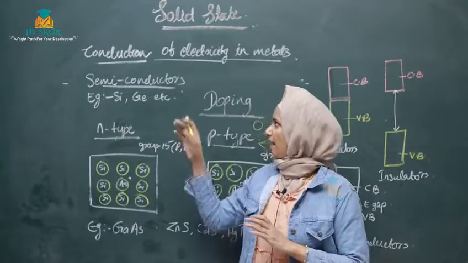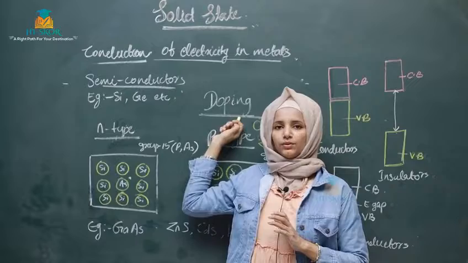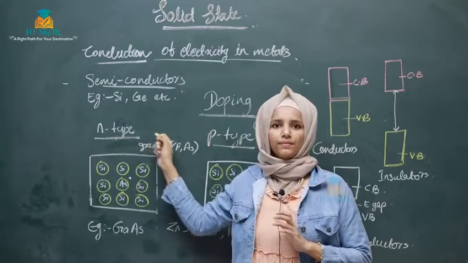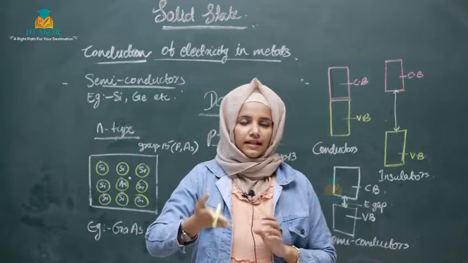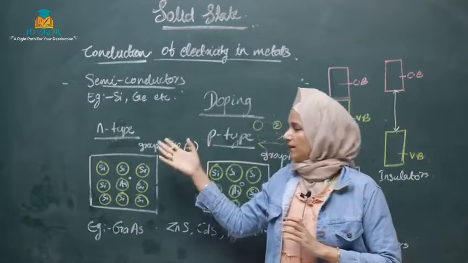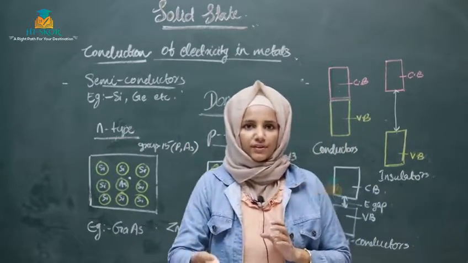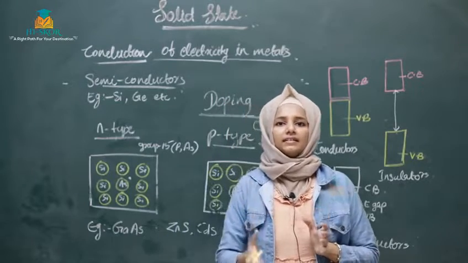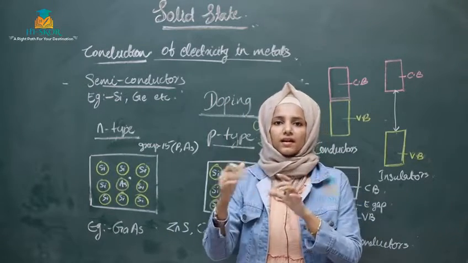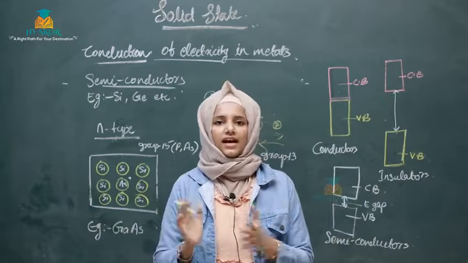Okay, so while doping we have two possibilities: dope the silicon with an electron-rich compound, or dope it with an electron-deficient compound. If we dope it with an electron-rich compound, we get a single extra electron, which gives a negative charge effect.